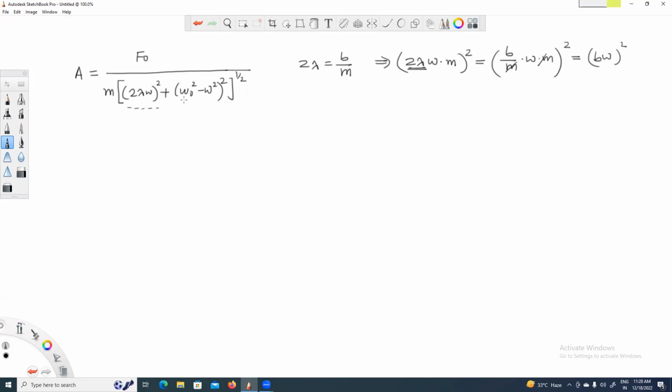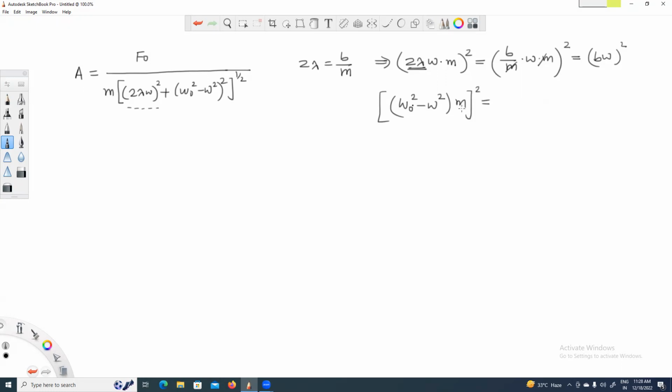And what happens here? This is omega naught squared minus omega squared. If I take this m inside, it will be omega naught squared minus omega squared times m, the entire square.